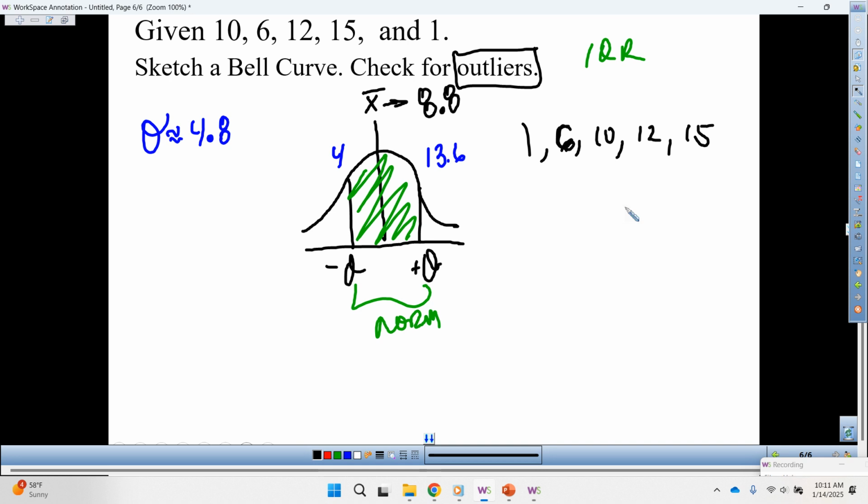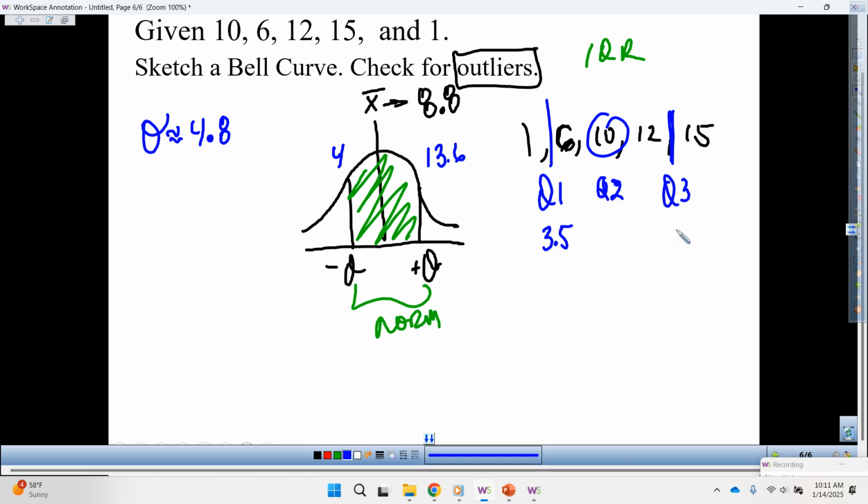All right, and reminder about those mobile devices, AirPods, earbuds, and whatnot. So, 5 data, so Q2 is 10. Yes? Yes, there's a Q. Q1 is 3.5. And Q3 is 13.5.